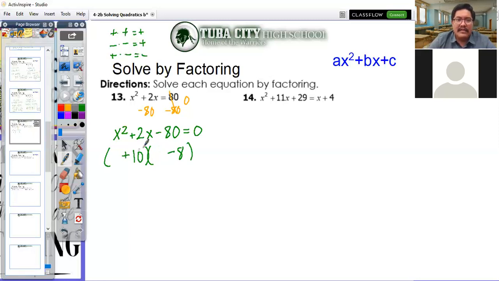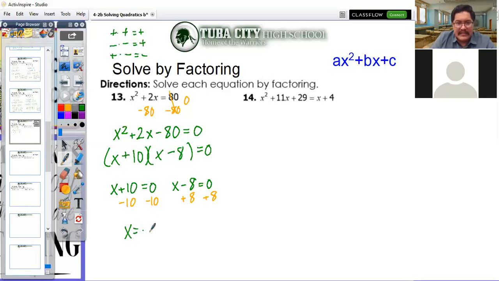Because remember, again, positive times negative is negative. And I'm pretty sure we got that right. Still set it equal to 0, so x plus 10 equals 0, and x minus 8 equals 0. So minus 10 from both sides, add 8 to both sides.